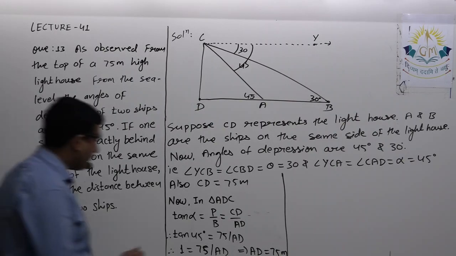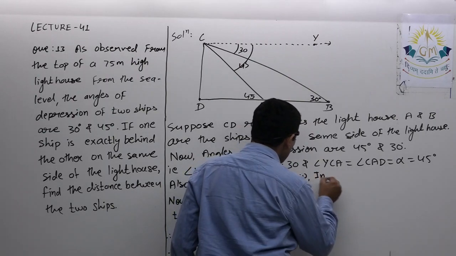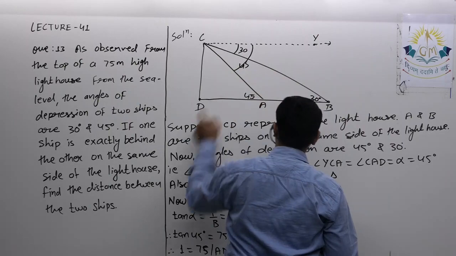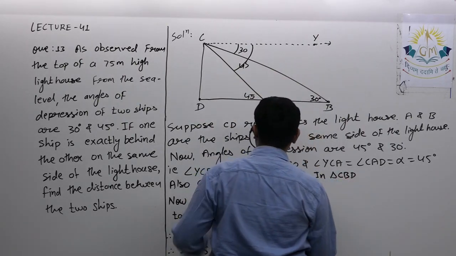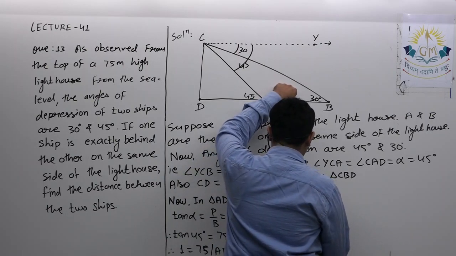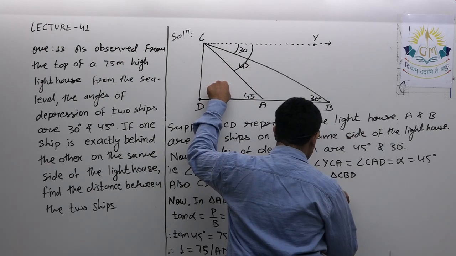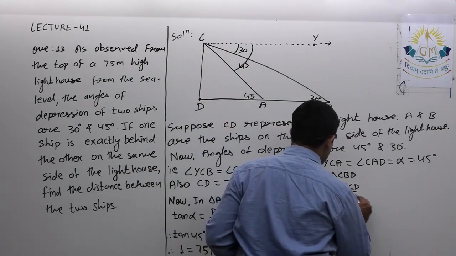Okay, so now in triangle CBD, again I'll apply tan of 30, that is tan of theta is equal to perpendicular upon base, that is CD upon BD.